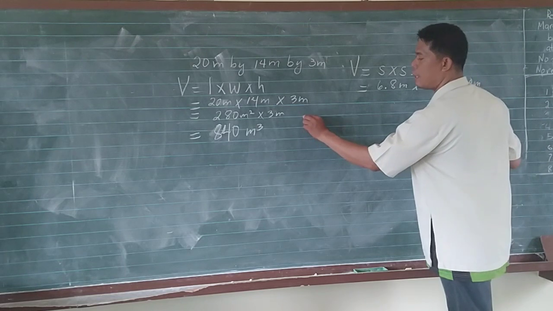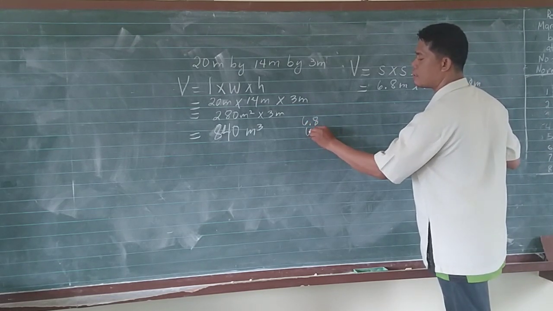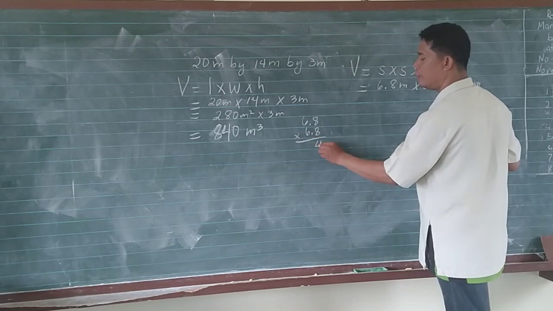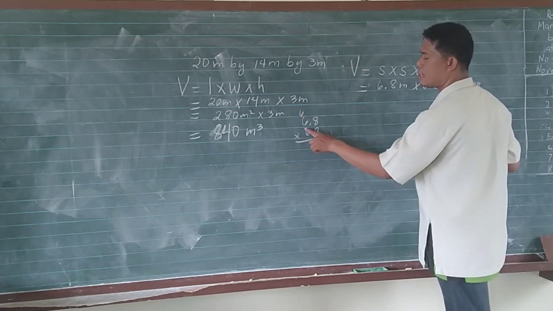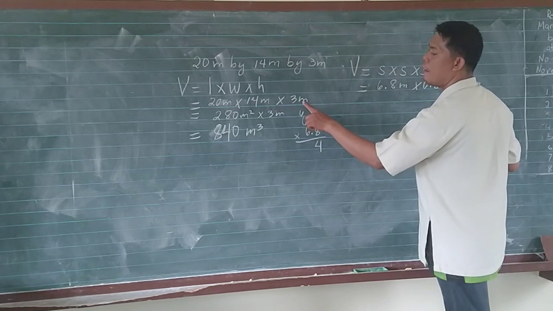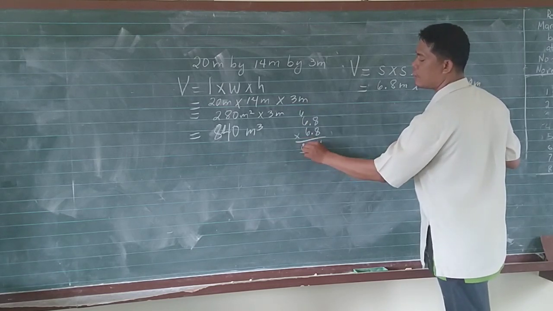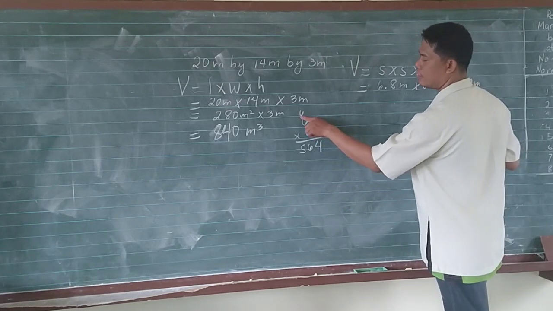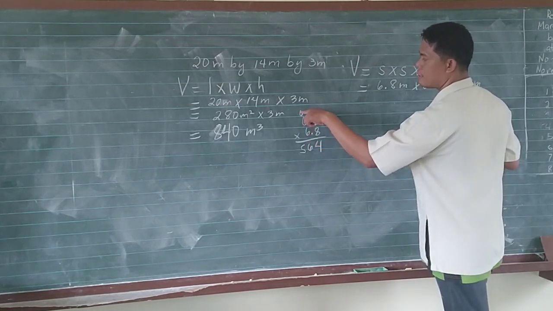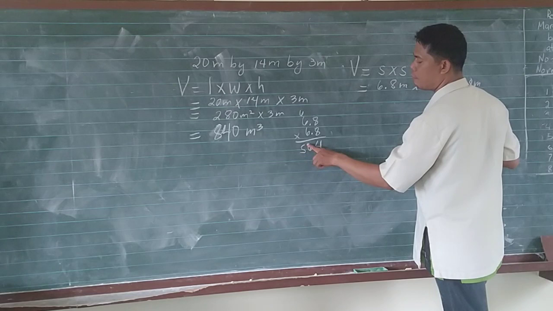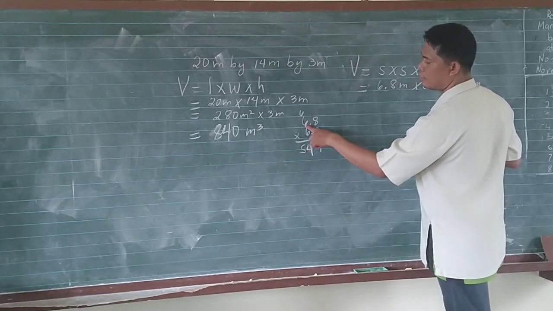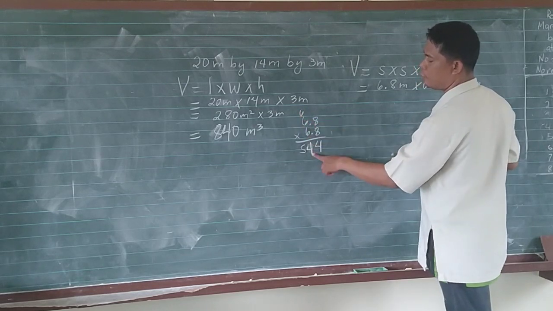Now we're going to multiply 6.8 times 6.8. So we have 8 times 8, 64, and 6. 8 times 6 equals 48, plus 6 equals 54.